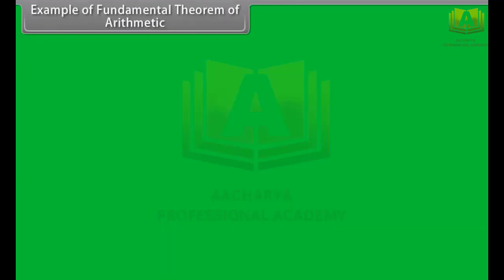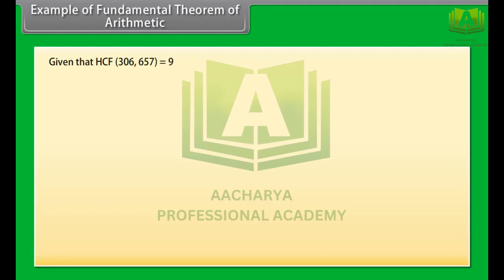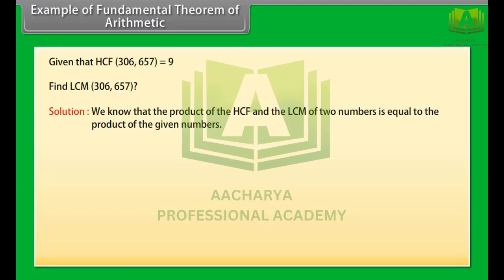Examples of the fundamental theorem of arithmetic. Given that HCF(306, 657) is equal to 9, find LCM(306, 657). Solution. We know that the product of the HCF and LCM of two numbers is equal to the product of the given numbers. Therefore, HCF(306, 657) × LCM(306, 657) is equal to 306 × 657.